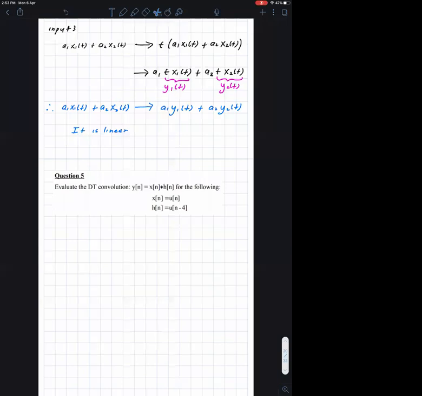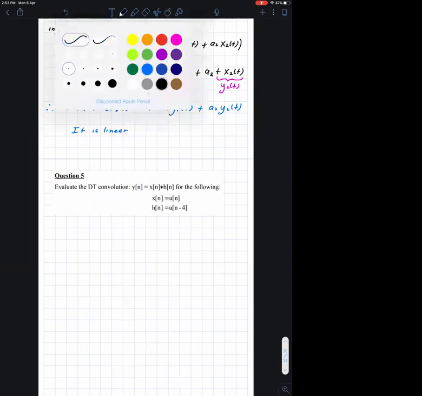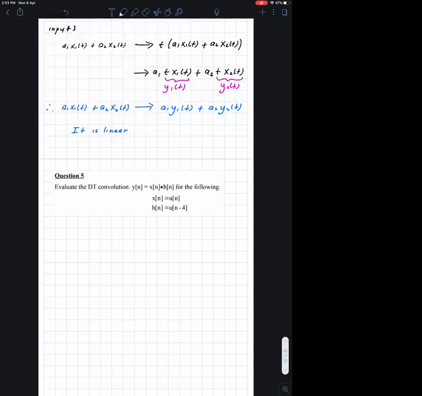We want to find the convolution y[n] of x[n] and h[n]. These are discrete time signals.